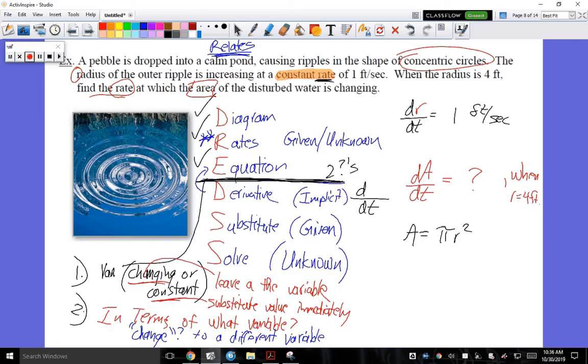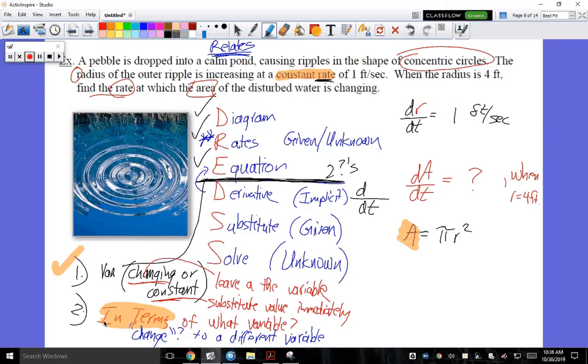Okay, here we go. What did I say A stood for? Area. Is the area changing if this was an active motion? Yes. So because it's changing, I'm going to leave it as A. The second question is, should we write it in terms of a different variable?